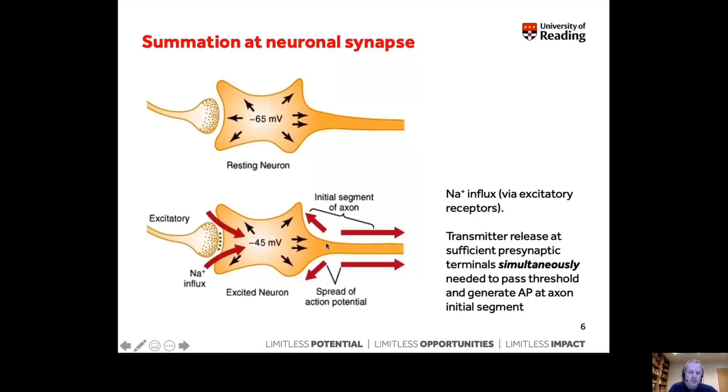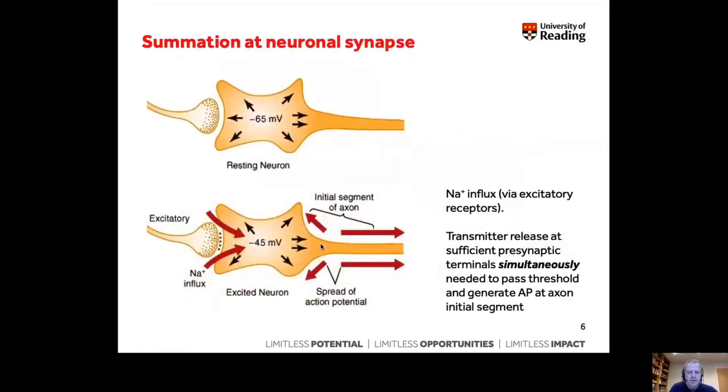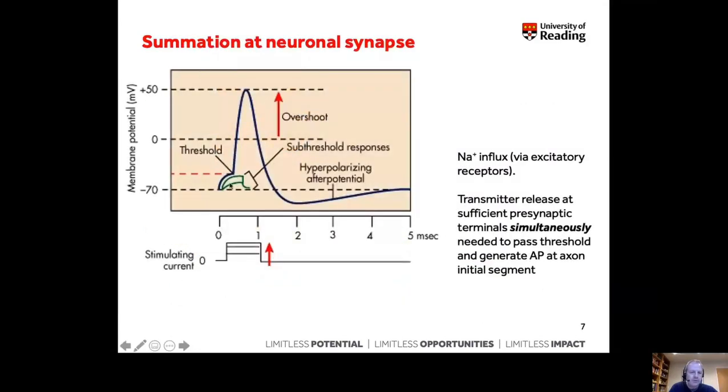That is sufficient to overcome the threshold here. If you were to measure it, the threshold would probably be around -45, because that will fit with the previous diagram. If the threshold is reached, the action potential can fire.